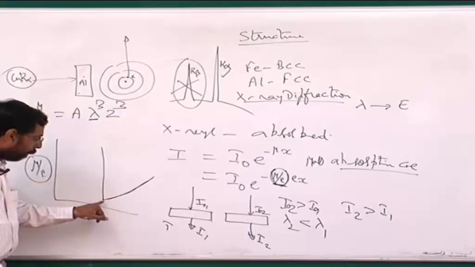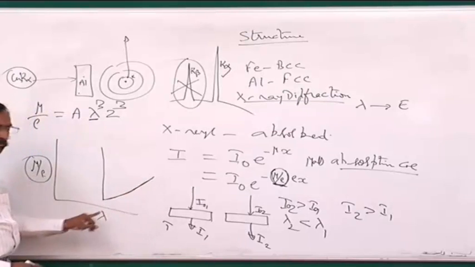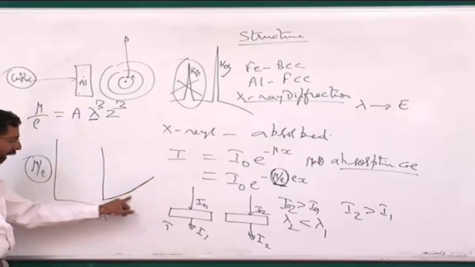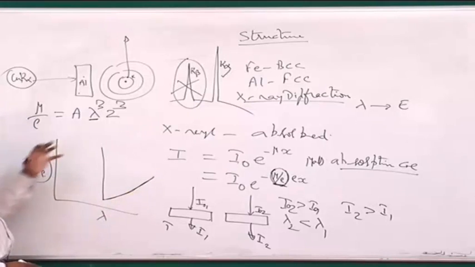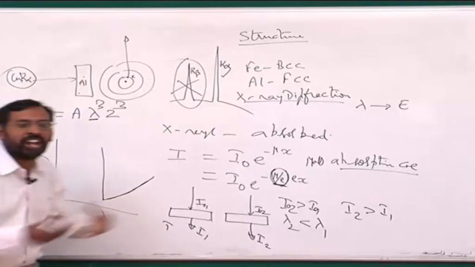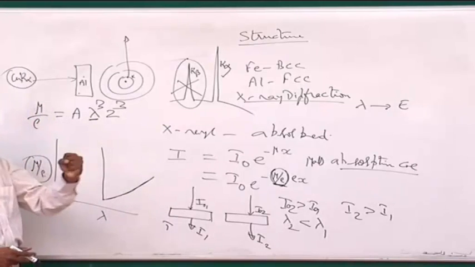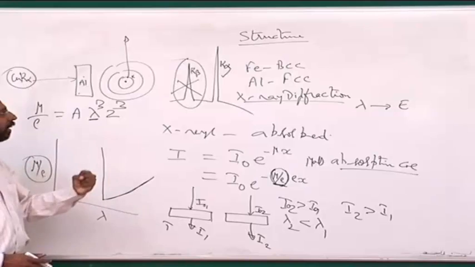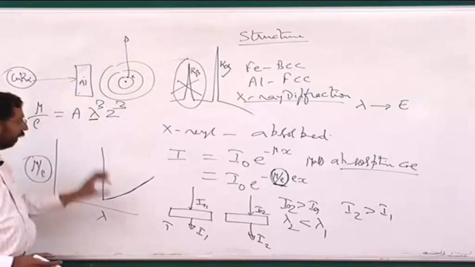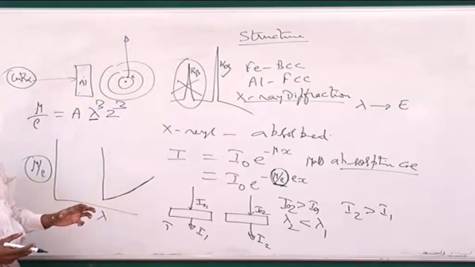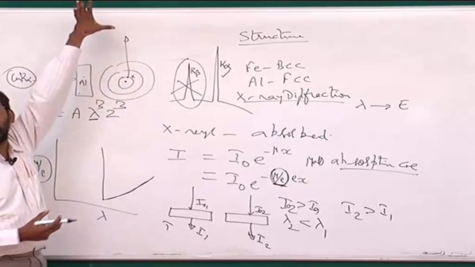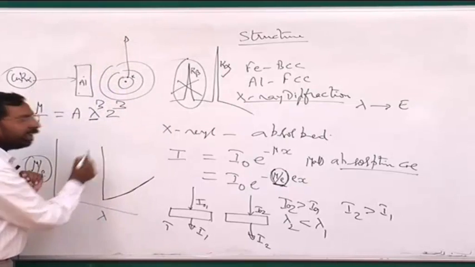So at a particular characteristic wavelength, until then, as the wavelength decreases, the absorption coefficient keeps on decreasing because the beam gets transmitted. But the moment you reach a particular wavelength where the energy is sufficient to knock off an electron, this energy is totally consumed in knocking off an electron. So suddenly it increases.